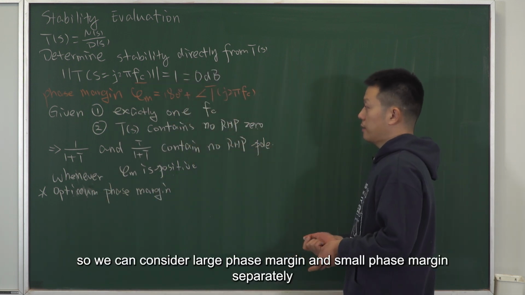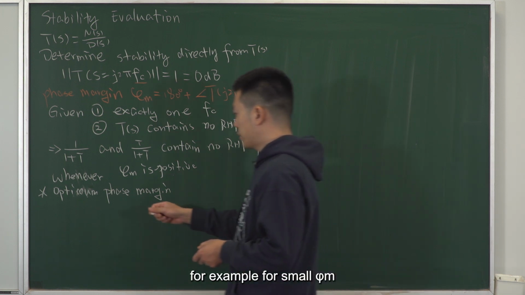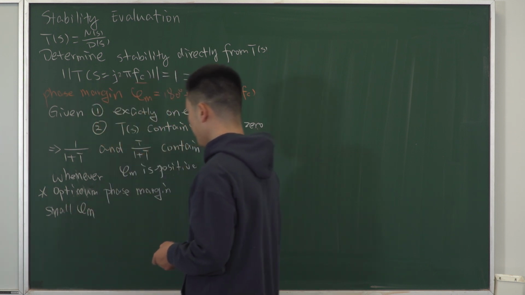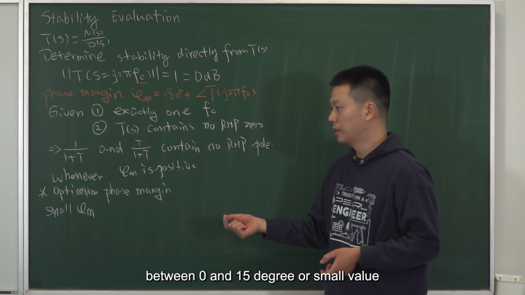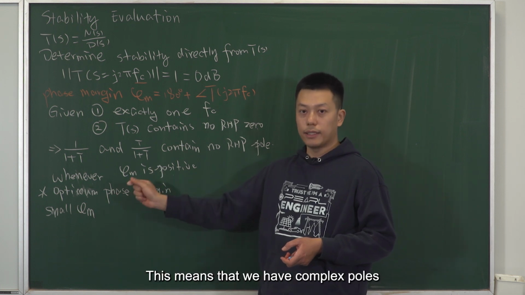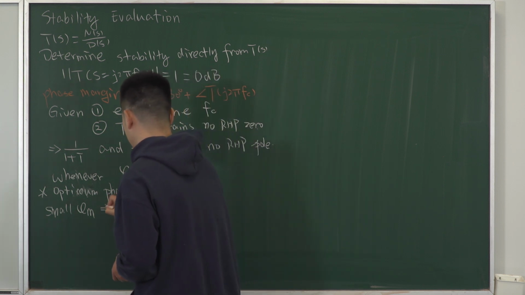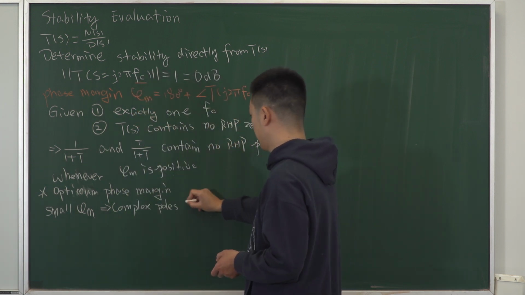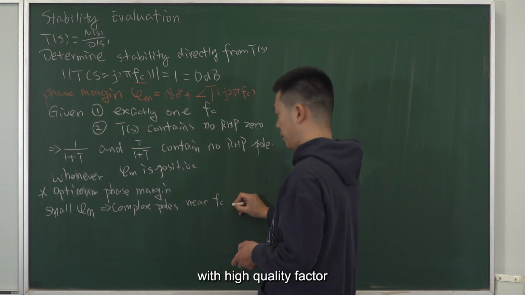So we can consider large phase margin and small phase margin separately. For example, for small phi m, like phi m between 0 and 15 degrees, what does this mean? This means that we have complex poles near the crossover frequency with high quality factor.